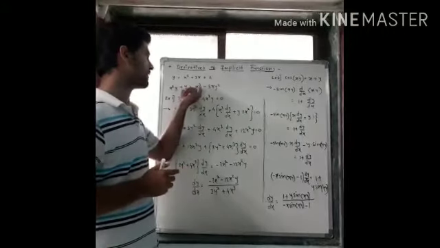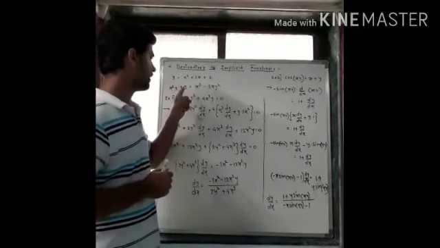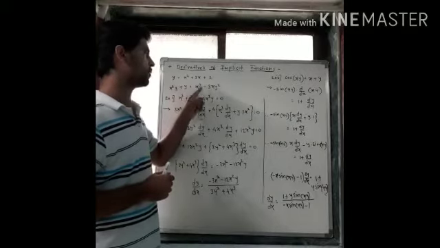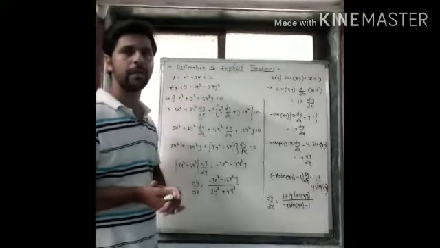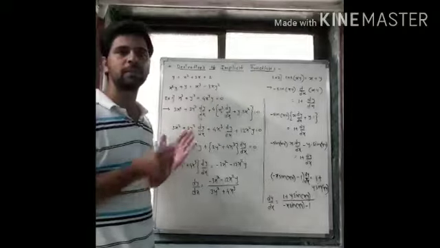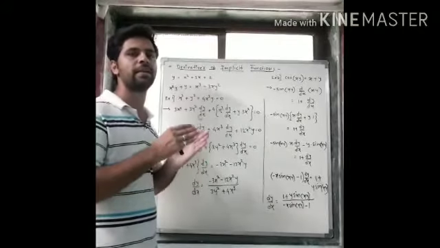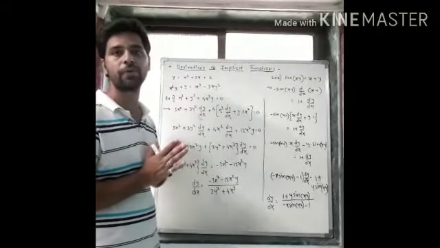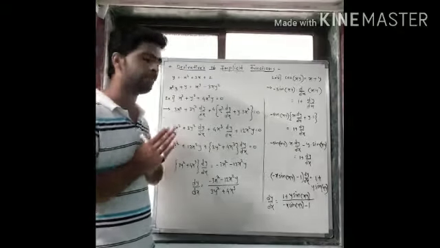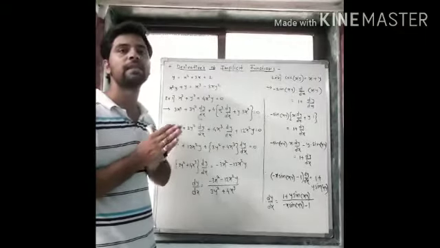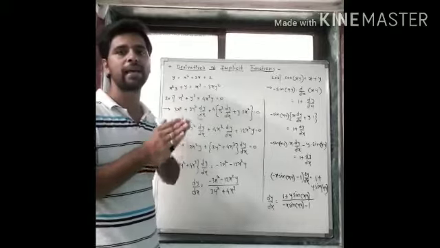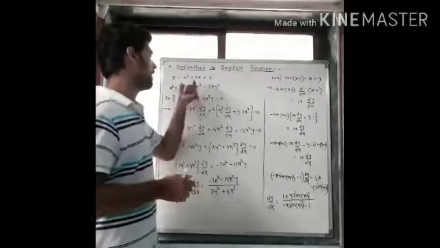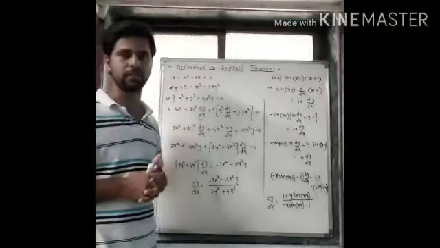But if you see this function, x square y plus y is equal to x cube minus 3xy square, here both sides of the function are expressed in terms of x and y. So what is the definition of implicit function? The function which is expressed in terms of x and y both is called an implicit type of function.